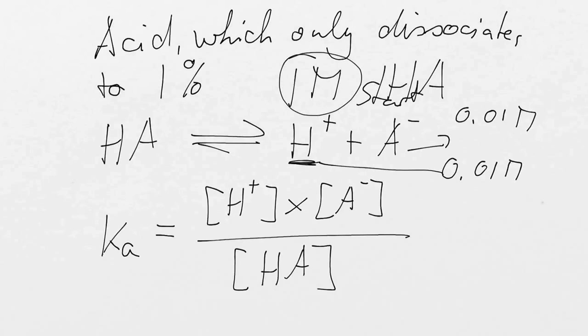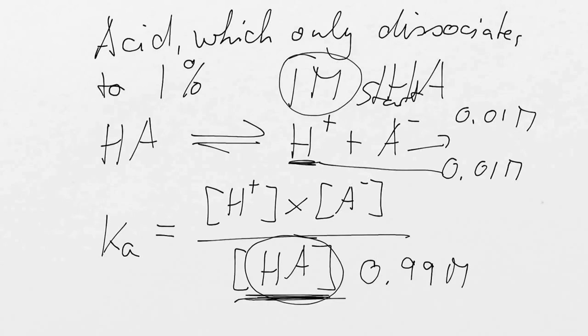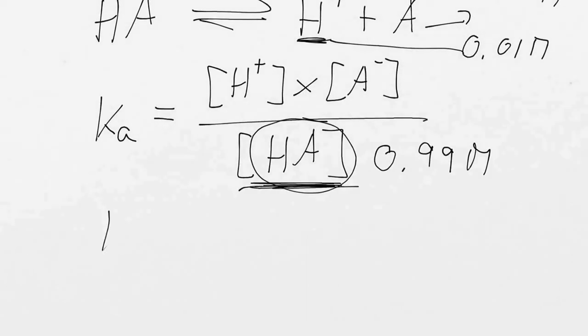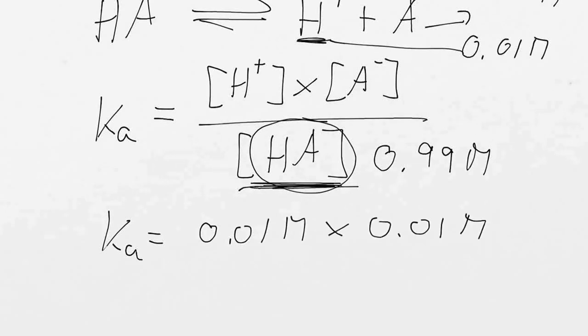That's great. How much of the HA have we got left? Yes, 0.99 molar. That is what's left. Okay? So let's try to figure that out. Ka equals 0.01 molar times 0.01 molar divided by 0.99 molar.